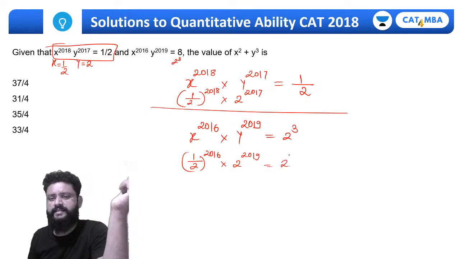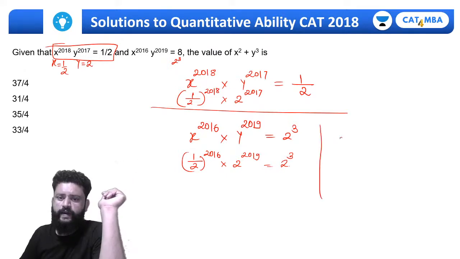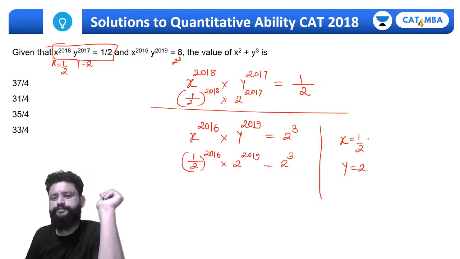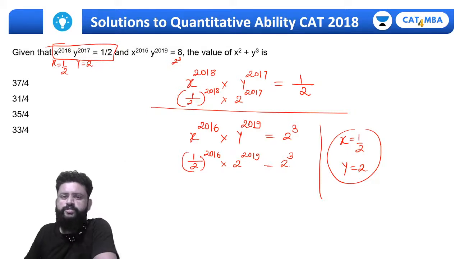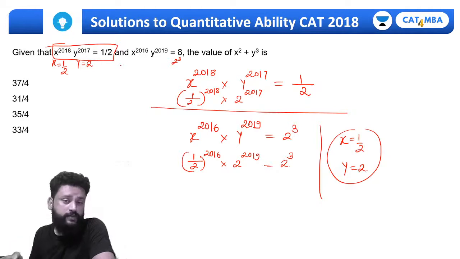I'll just get the answer, it has 2 cube 8. So definitely I got to know x is 1/2 and y is 2. This is the simple observation from this question. Actually you need not solve anything, just by looking at the values you should be able to observe this.